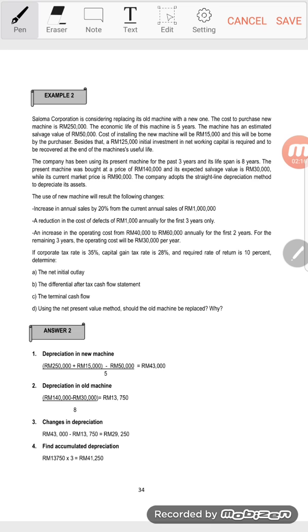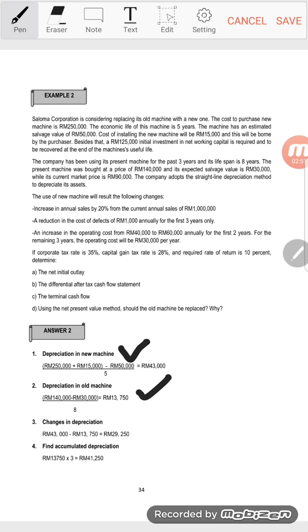Alright, before I proceed to the next paragraph, I would like to remind you, the first paragraph is information on the new machine and the second one is information on the old machine. So now using the information in these two paragraphs, you will be able to find the depreciation of the new machine and also the depreciation of the old machine.